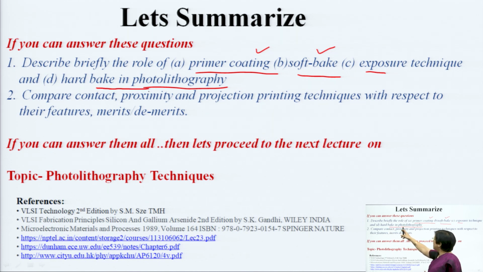Then hard bake you carry out post exposure to ensure that the properties of the photoresist remain good enough, so that subsequent processes can be effectively carried out and the desired pattern can be reproduced onto the wafer surface.